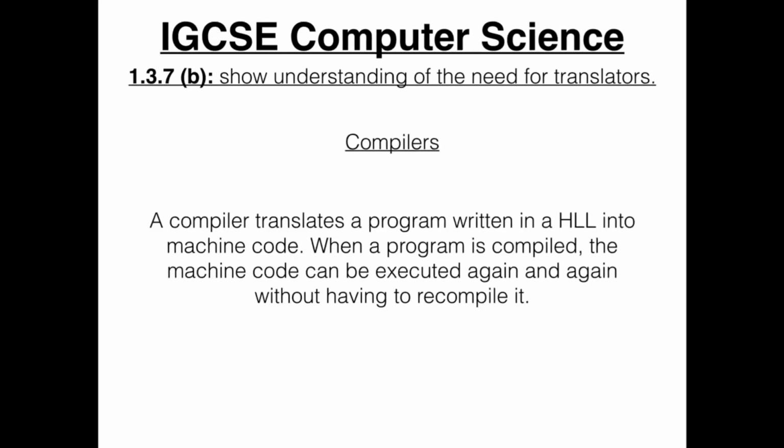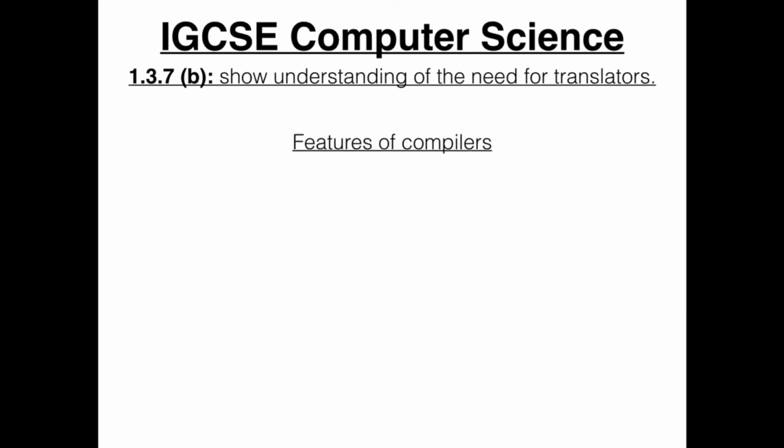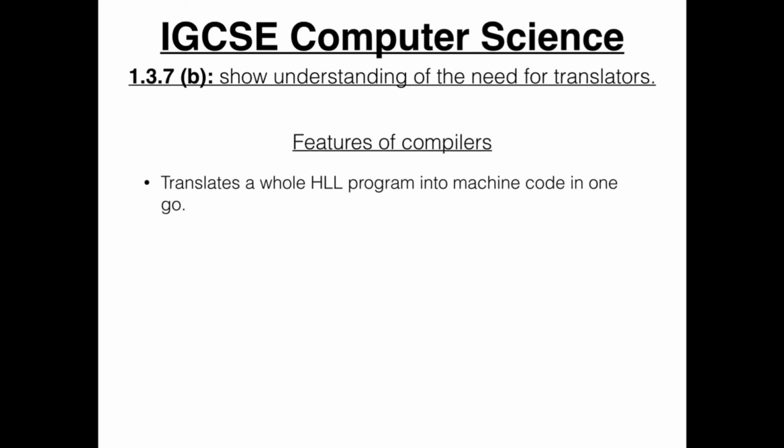So a compiler translates a program written in a high-level language into machine code. When a program is compiled, the machine code can be executed again and again without having to recompile it. Features of compilers: they translate a whole high-level language program to machine code in one go.